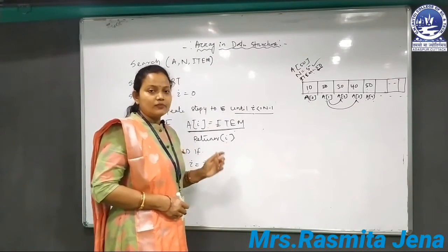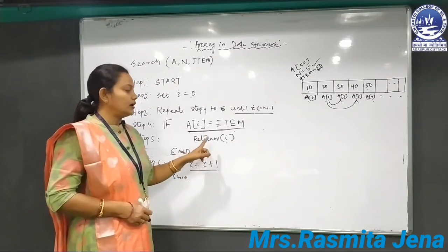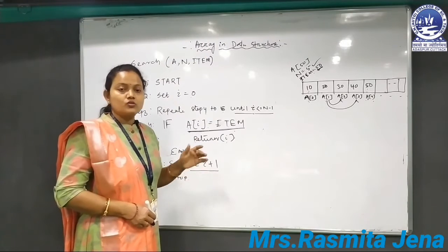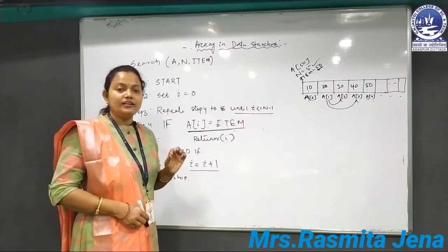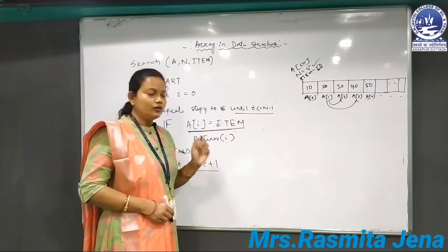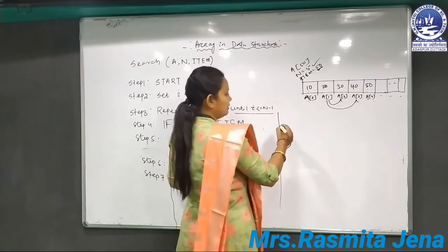That means from the called part to the calling part, we have to return the array location where we get the searching element. So in the prototype there must be a return value, and we have to mention what type of value we have to return. That means in function implementation we will mention the return type.